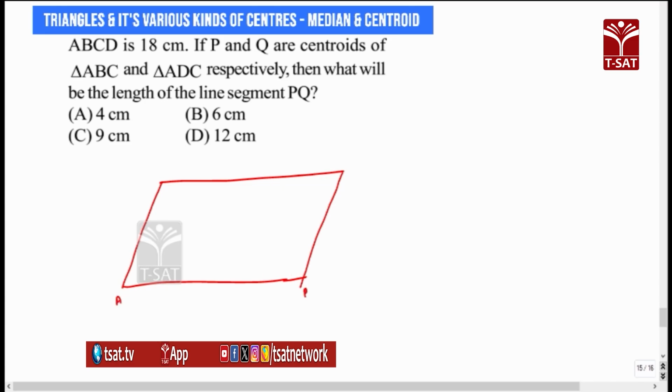Here are the vertices A, B, C, D. So, the length of BD is 18 centimeters, and P and Q are the centroids of ABC and ADC.